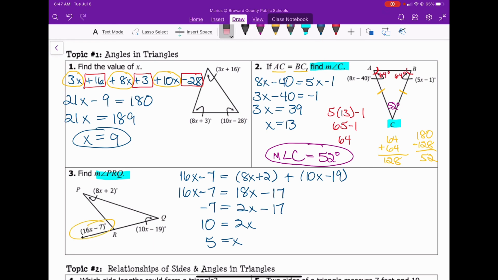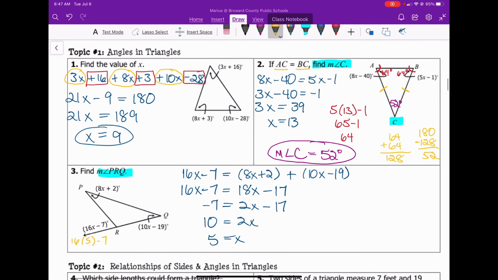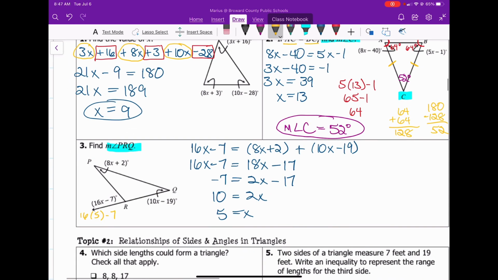So that's what you're going to see me do. Okay, I'm going to do 16 times 5 minus 7. Okay, now 16 times 5 is 80. Okay, and then 80 minus 7 is equal to 73.